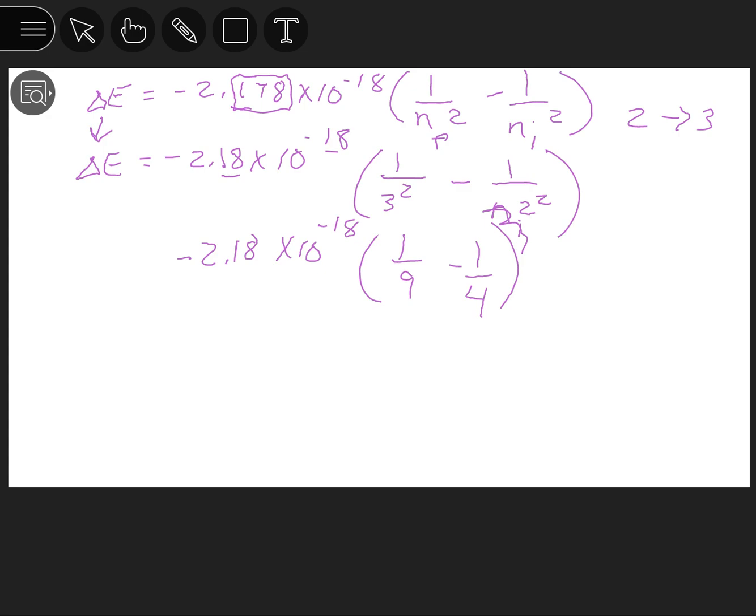Instead of putting this in the calculator, because that would take extra time, I'm going to move on to the next one, where the electron is ionized. With ionization energy, you're pulling off an electron, so the electron is no longer associated with the atom. So if the electron goes from n equals 2 and is ionized, that means n initial is 2 and n final is infinity.